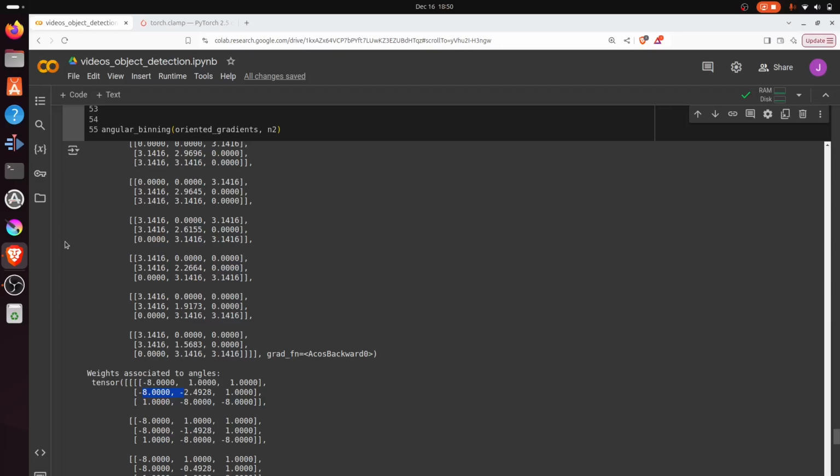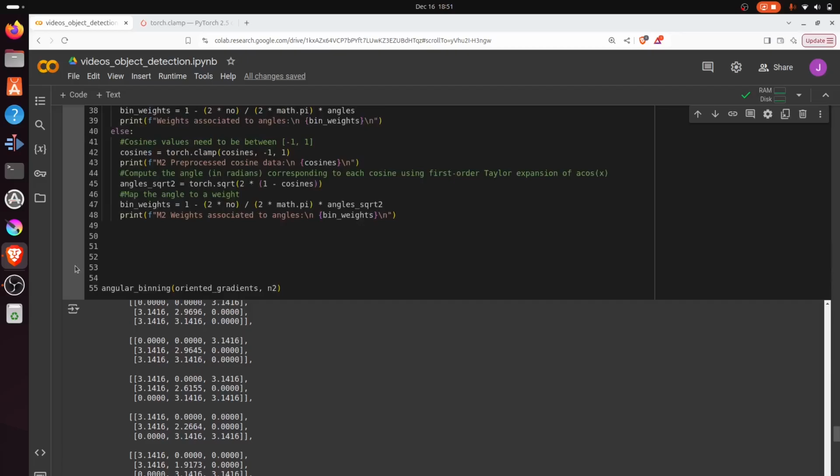Hence, the weights associated to these magnitudes need to be positive as well, or better said, non-negative.